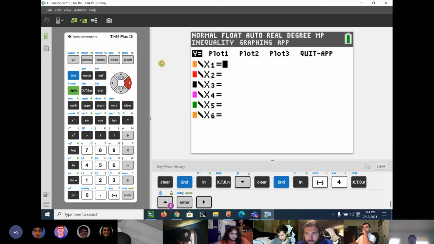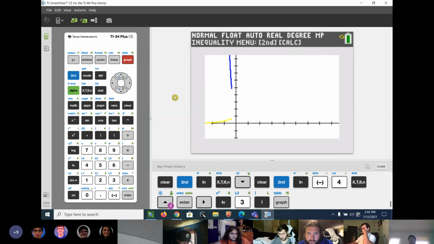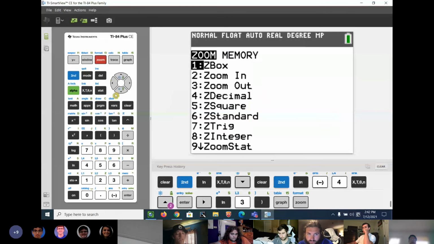Let's see that orange. Look at there. Natural log of 3. And graph. And I'm going to zoom box.